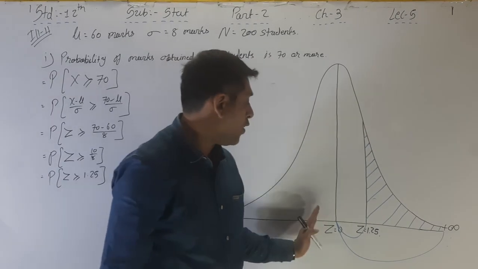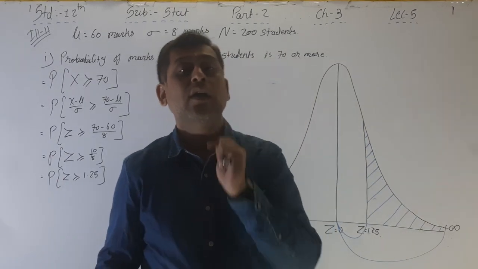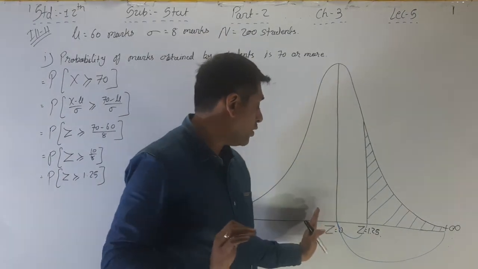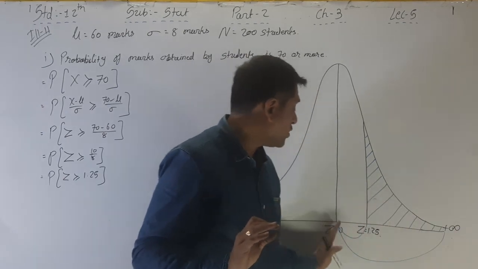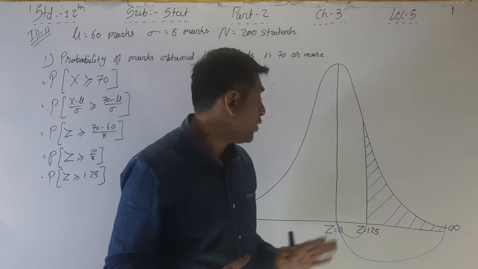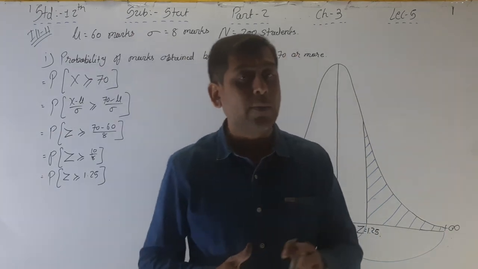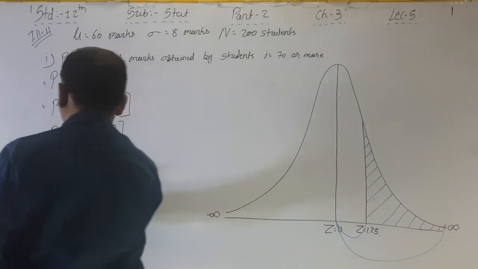The value of 1.25 to infinity is not given in any table. Thus we have to find the total probability. We know that the total area between 0 to plus infinity is 0.5000, and 0 to 1.25 is given in the table. That's why we can find the required probability.